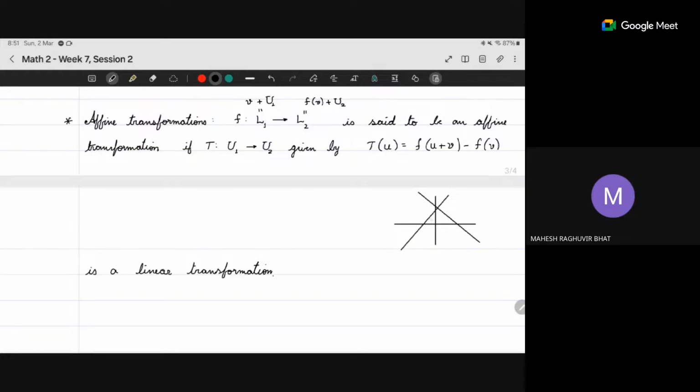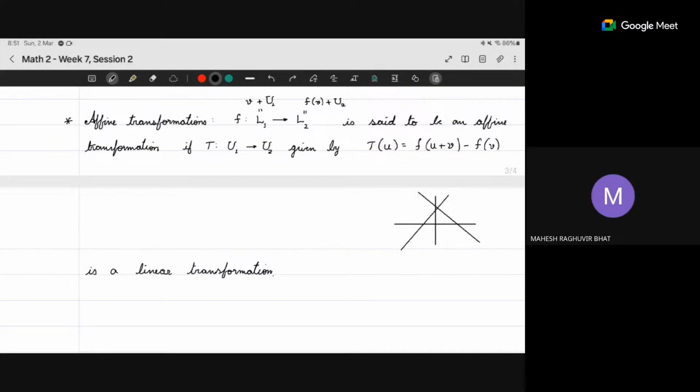So in some sense, you go back to the origin, as in you look at the corresponding vectors in the vector spaces which correspond to these affine subspaces, and there it has to be a linear transformation. It is something like that. Do you get what I'm saying? Yeah, I think I get it. Yeah, and this actually can be made more robust.